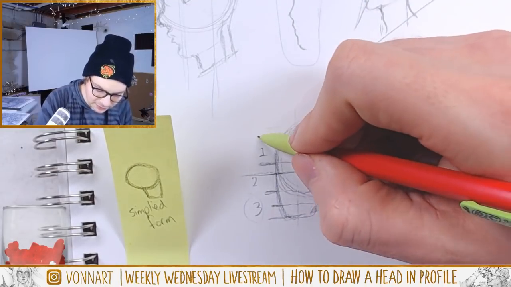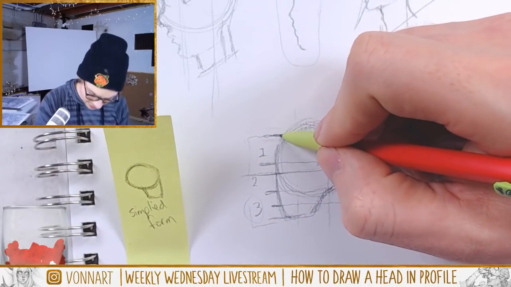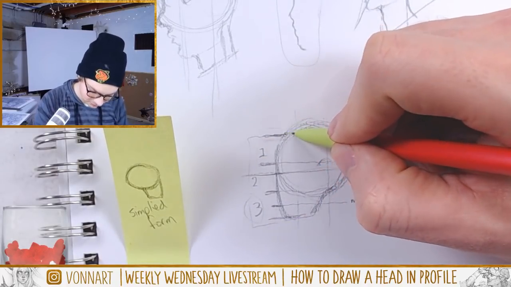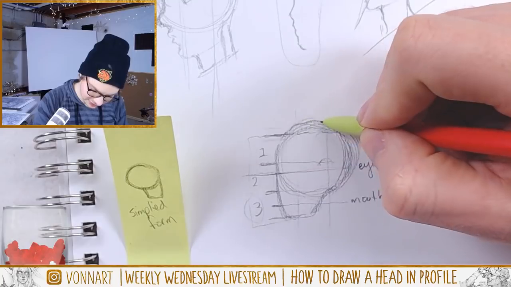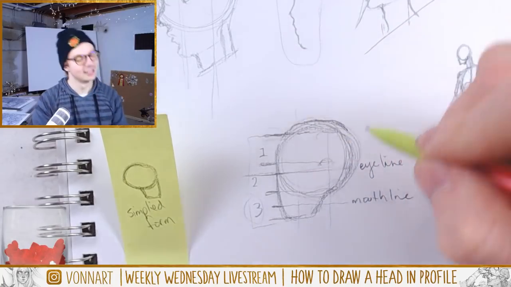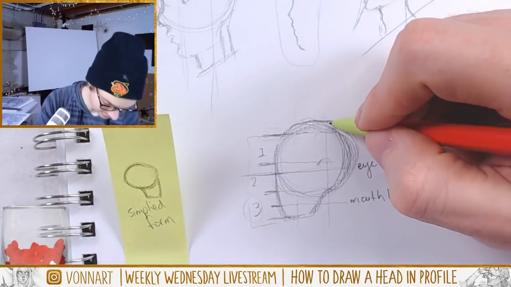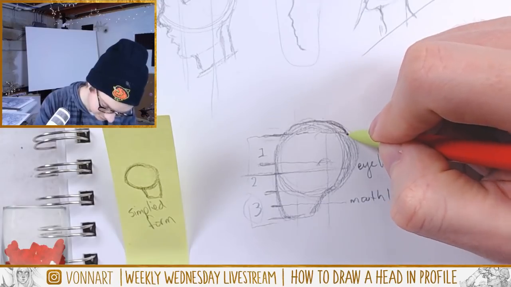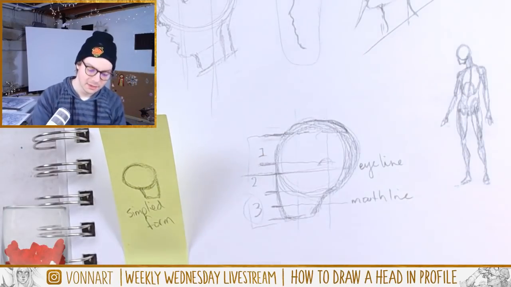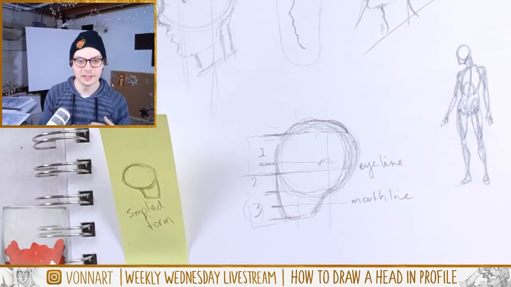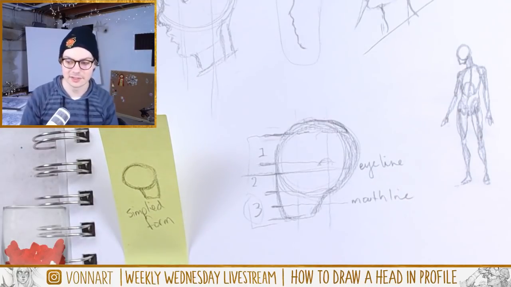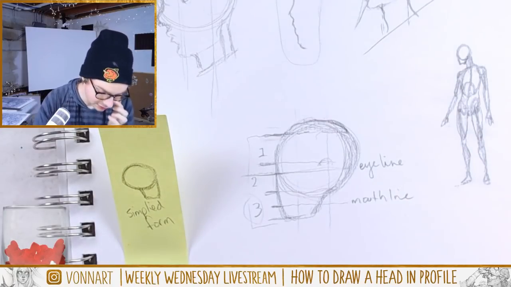Now remember, the 3 regions don't go to the top of the head, but to the top of the forehead. So there's a little extra girth on the top of your head that isn't included. But the girth is included when finding the eye line. So those are something to consider.